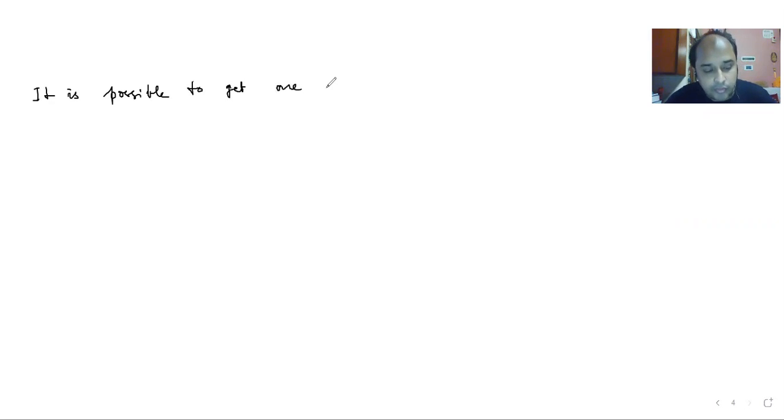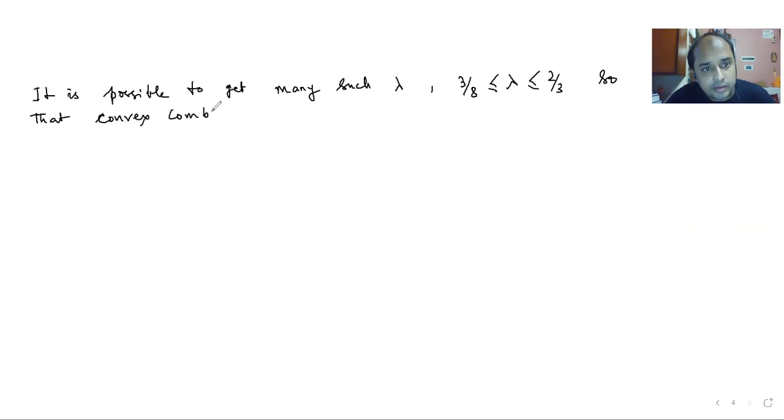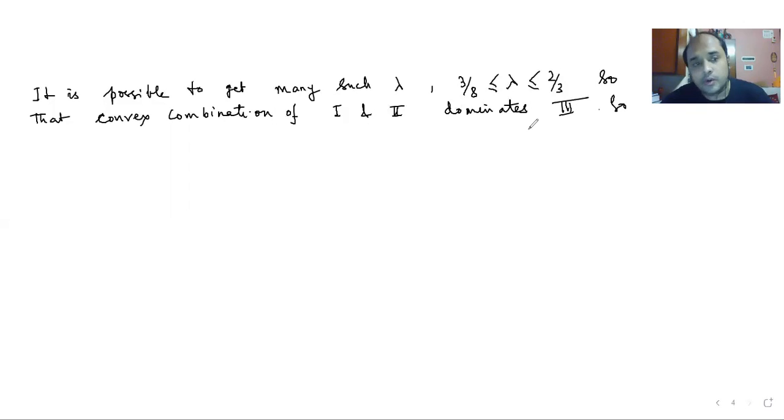We get many such lambdas, lambda lying between 3 by 8 and 2 by 3, so that the convex combination of 1 and 2 dominates 3, and therefore Roman 3 is a dominated row, and we can erase it.